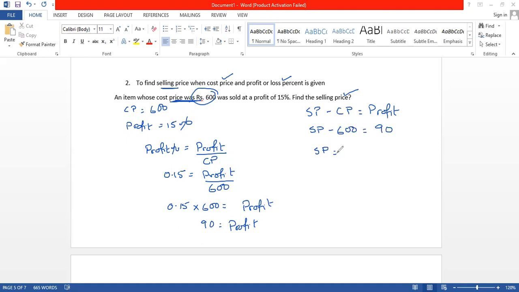The selling price would be, this is minus, so it becomes positive on the other side, 90 plus 600. So 690 is the selling price over here. Okay, so this can only be done if the cost price is given to you. If you do not have the cost price, do not multiply it like this. In the next questions, we'll see what to do if you do not have the cost price.